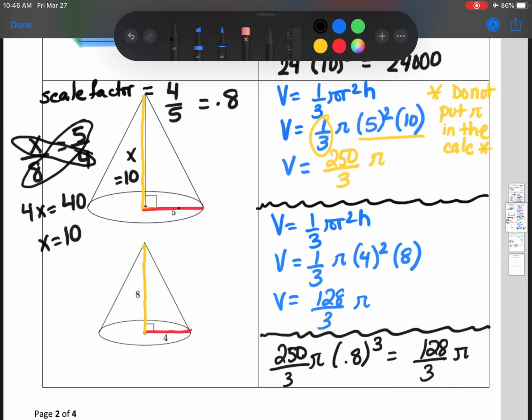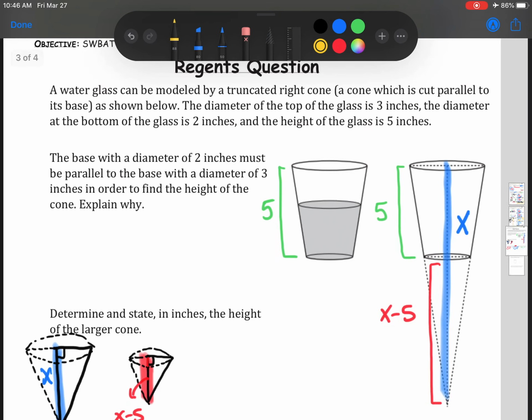Leave the pi out. I'm going to circle it. If you put this whole thing into the calculator, you will get 128 over 3. If you put the pi in the calculator, you will get a different number and you'll confuse yourself. So try not to put the pi in the calculator. And how do we know that? Because it did not ask us to round to a certain number.